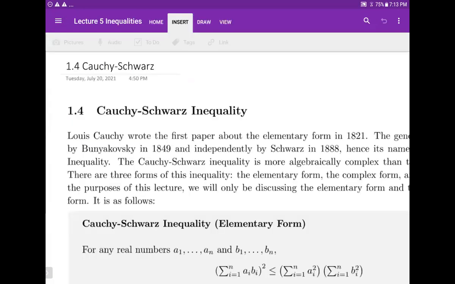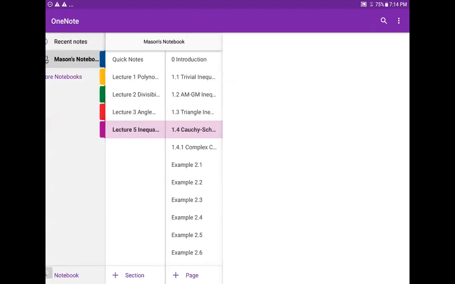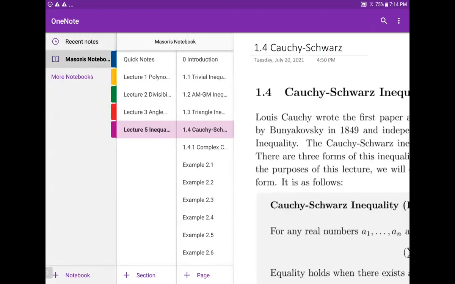You notice that I didn't use the trivial inequality in any of my examples this time around, but there are one or two review problems that use the trivial inequality. The reason I don't have a problem on it here is that the trivial inequality is more often used in proofs.